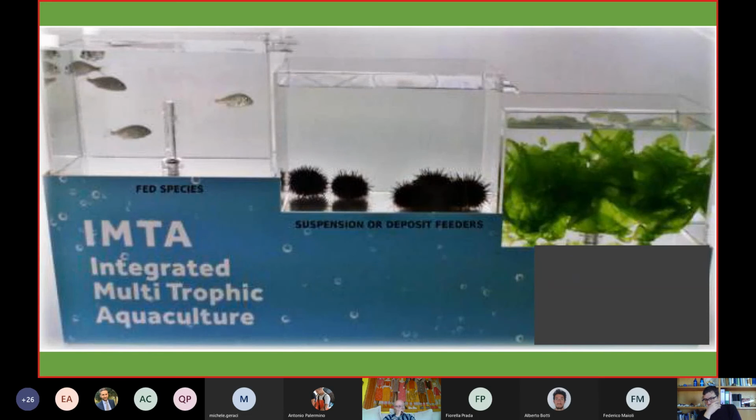And what is not shown is that the ulva is the main food for growing abalone that sells in Japan for incredibly high prices, for tens of euro per kilogram on the shell.